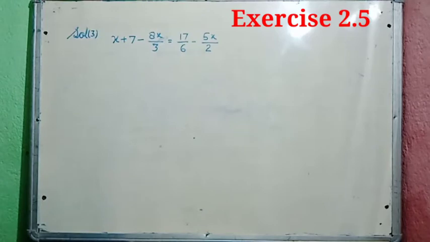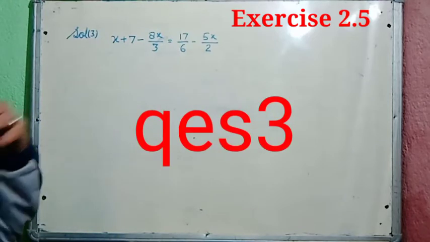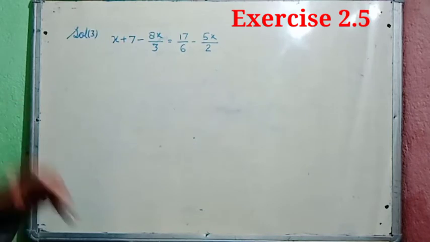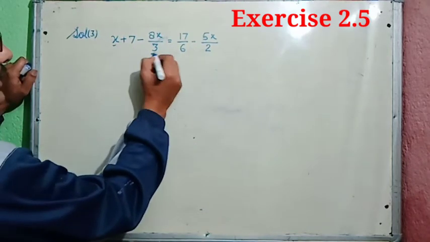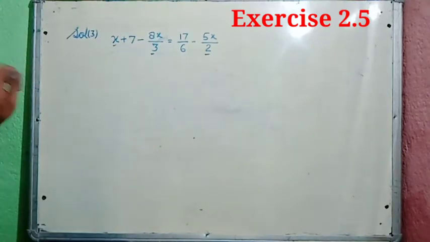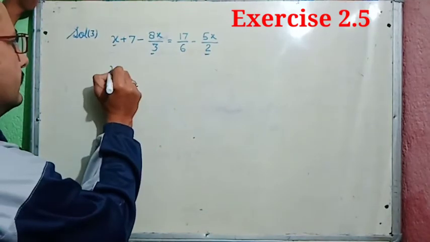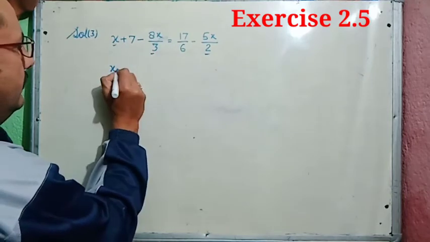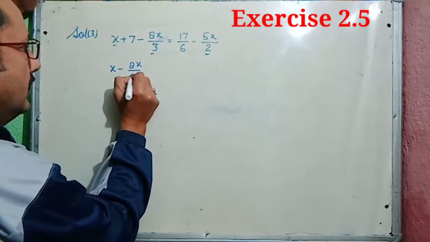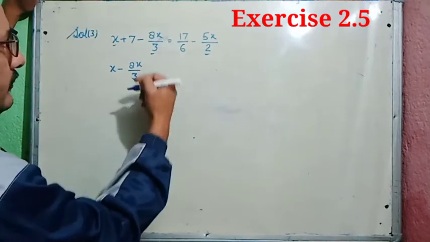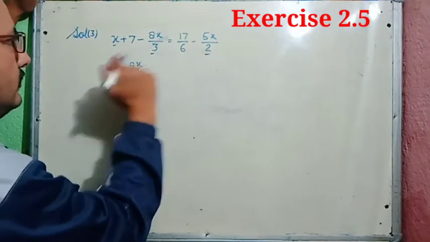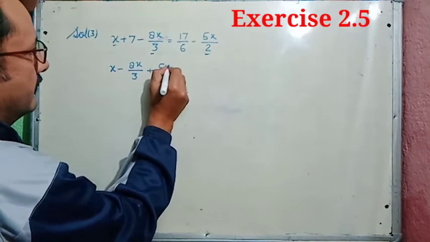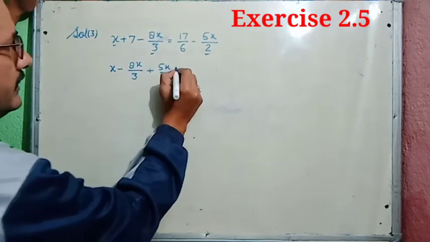This is our question. Now we can see how many variables and constants are there. This one, and this one is variable. So we will separate them. To LHS x will remain same with sign because it is in LHS, and we will bring this 5x upon 2 on right hand side with changing its sign, like this, right?